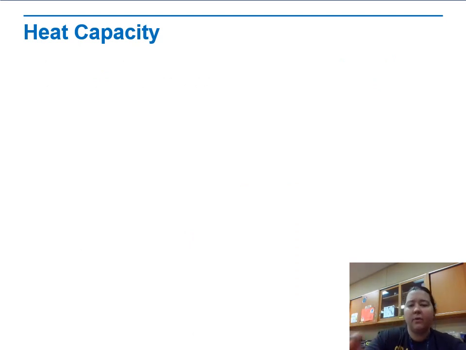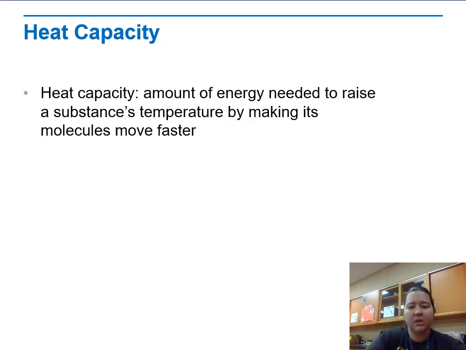So another one of water's magical properties is called heat capacity. Now, heat capacity is officially defined, okay, as the amount of energy needed to raise a substance's temperature by making its molecules move faster. Okay, so you remember that molecules can be arranged as a solid, a liquid, okay, or a gas.